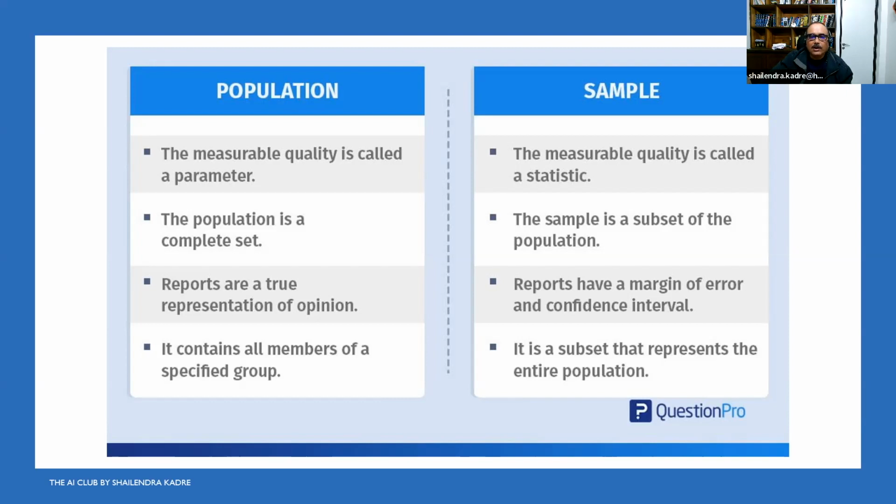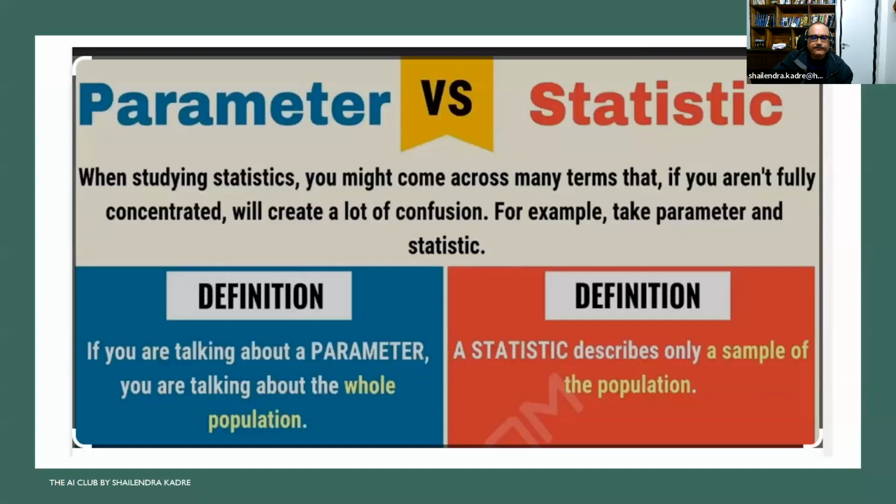Okay, so now let us go ahead. Another definition is parameter versus statistic. So what is a parameter and what is a statistic, guys? I don't want to waste time here because it is something specific, so I don't expect you to know it. So let me go ahead.